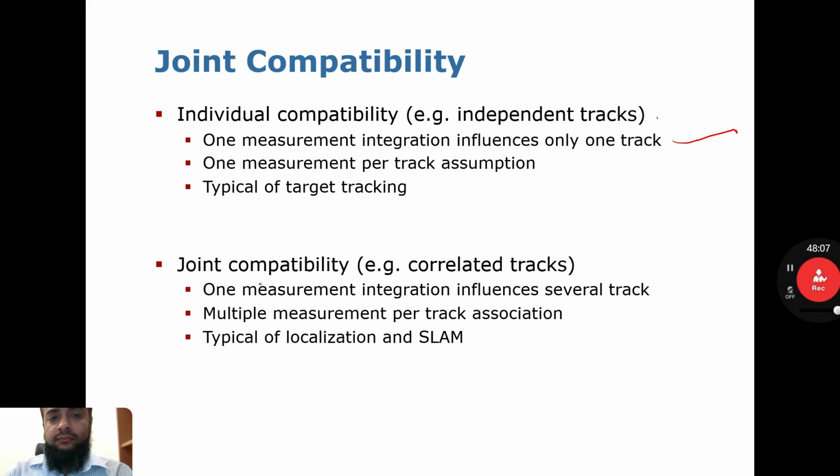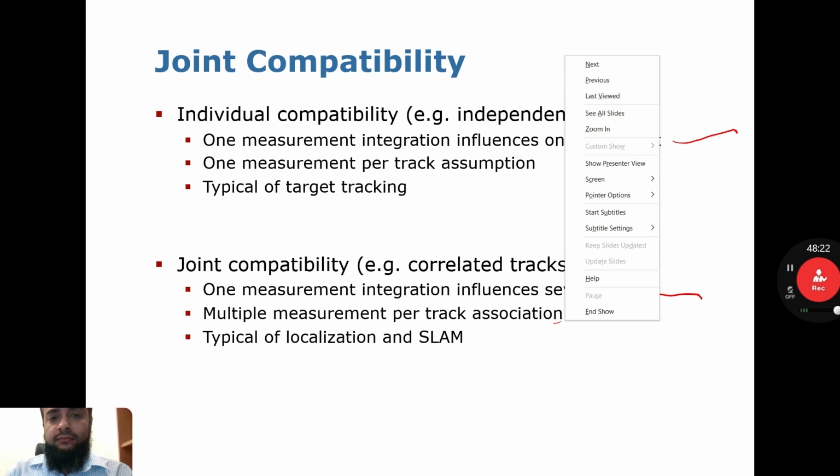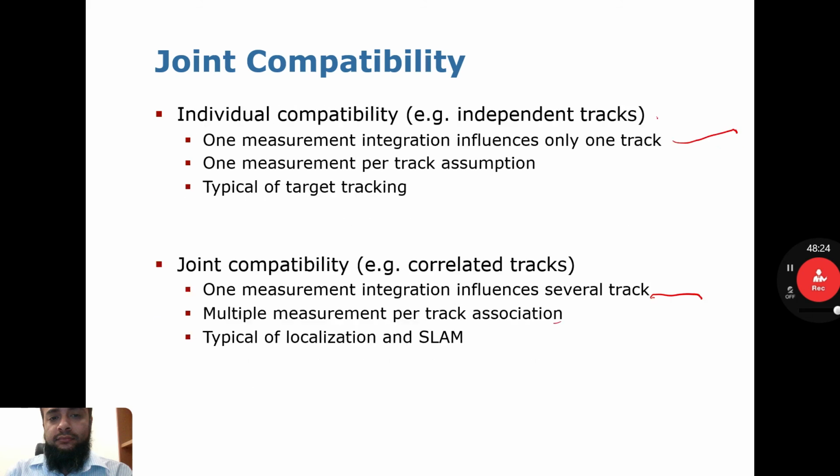The joint means correlated tracks: one measurement influences several tracks, meaning one measurement is assigned to several tracks, and multiple measurements per track association is typical of localization and SLAM. So this is an example of localization and SLAM. For example, in mapping, there are many objects, and the track can have many similar measurements.